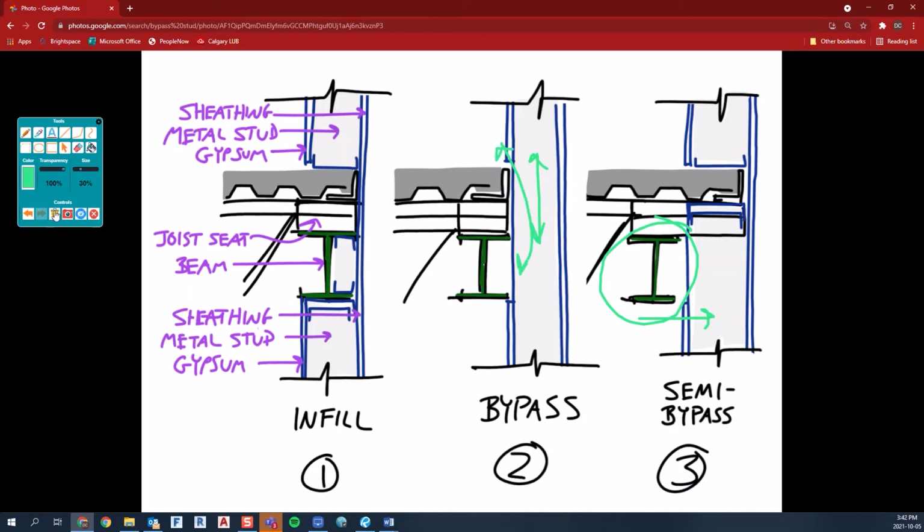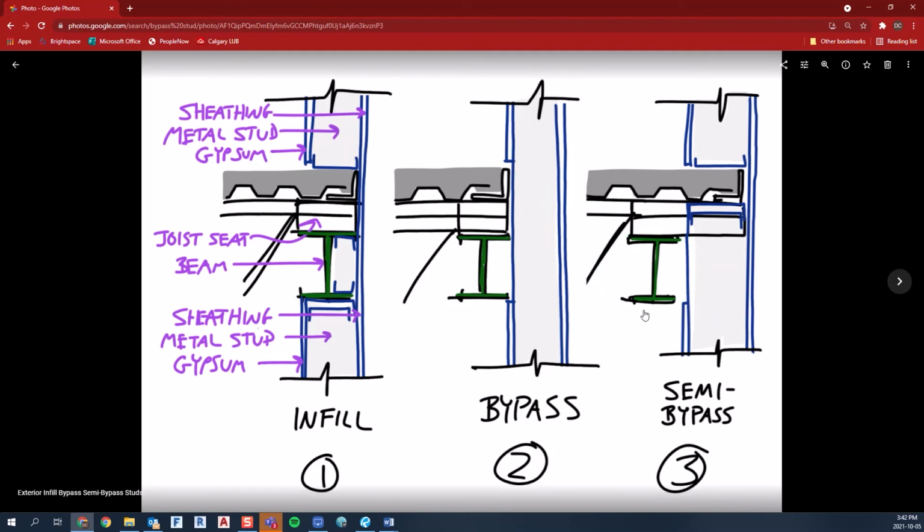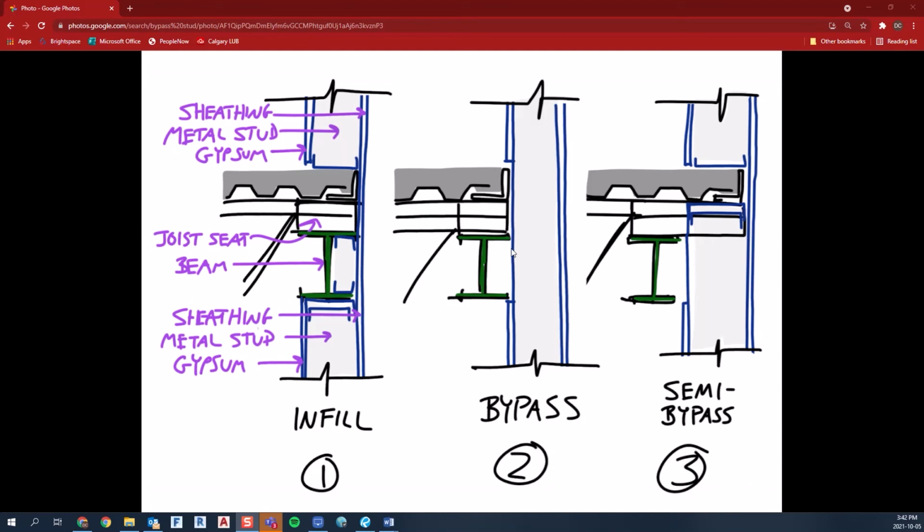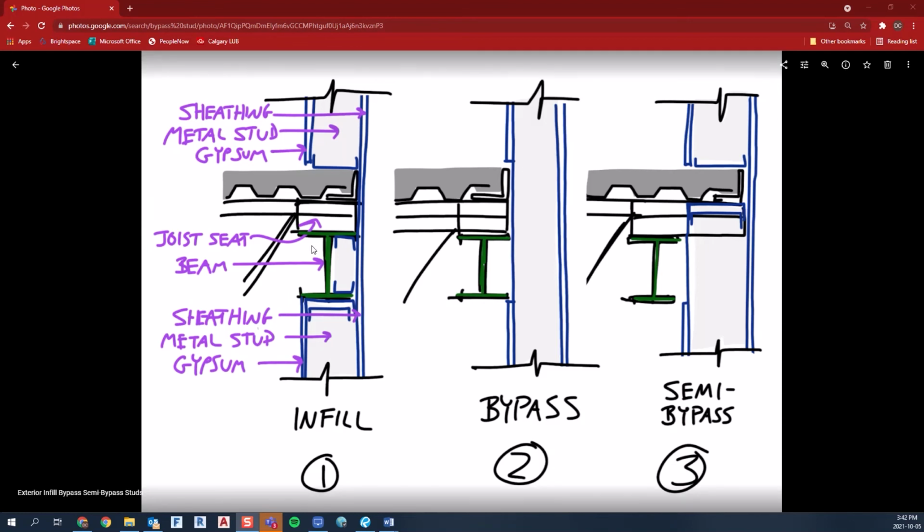So yeah, the semi-bypass is kind of my favorite. If I were to detail an office building right now, I would probably certainly take that approach. And so now that leaves the technologist to figure out, if it's not already obvious, in the design plans handed forward, now it's up to the technologist to look at the situation and figure out what makes sense.